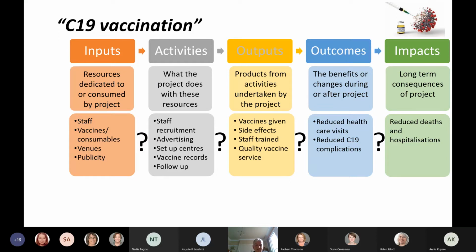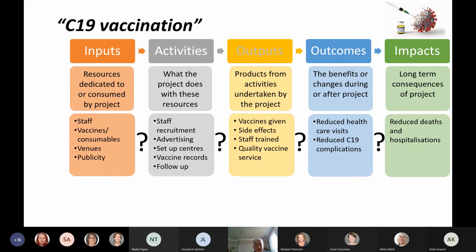If the people giving you money to do this want you to show them what you've done with the money, the sorts of things you might want to show is the number of vaccines given. You might actually want to have a record of side effects, for example, or the number of staff trained might be an important thing to have.